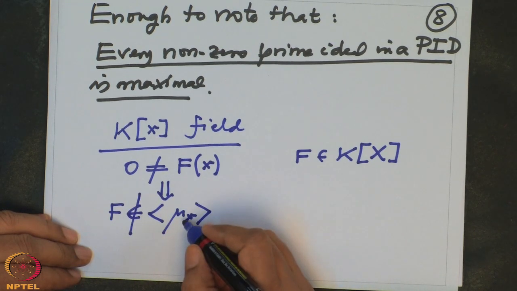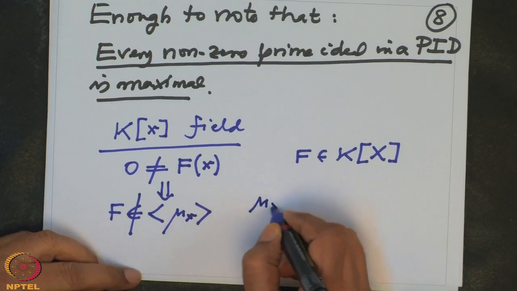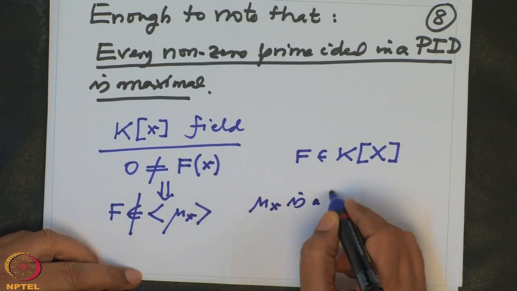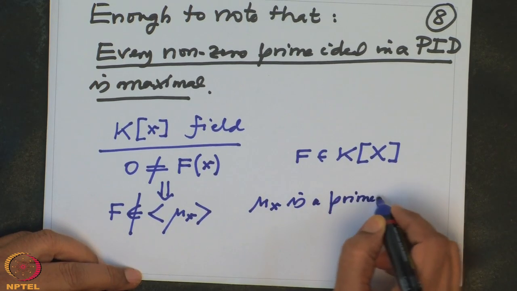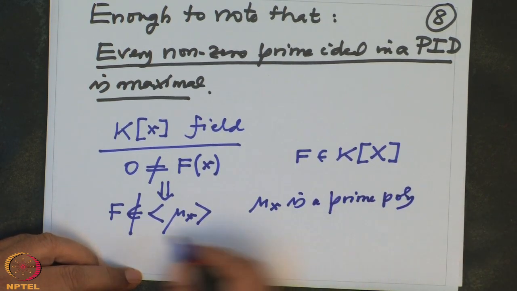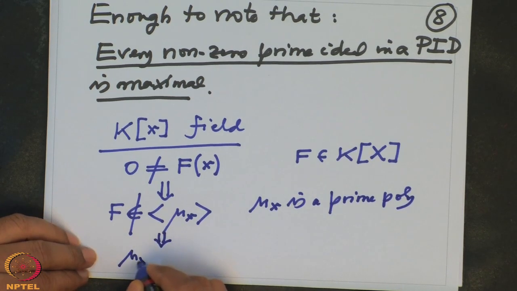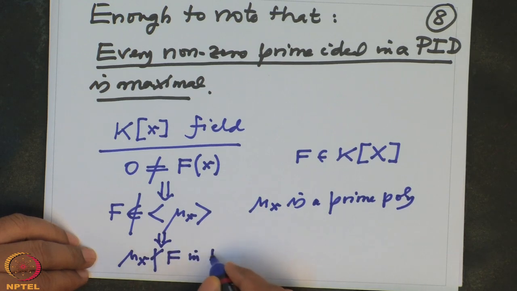And we have also been given that mu(x) is a prime polynomial. So mu(x) does not divide f in K[x].